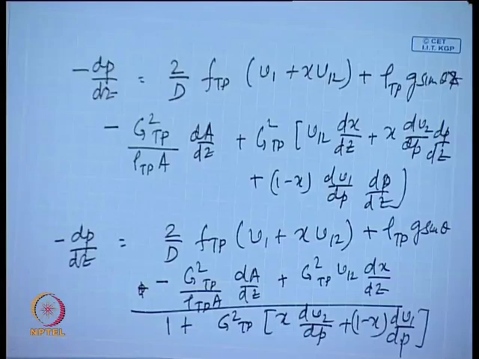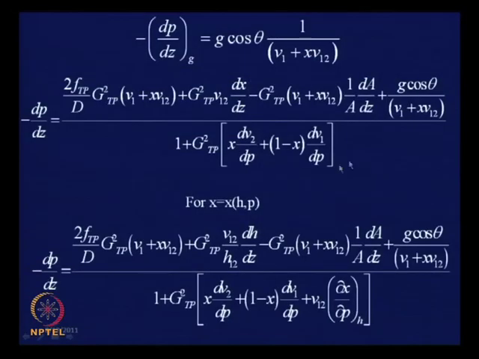This is the final expression that we get for calculating the pressure gradient when two phase flow is occurring under homogeneous flow condition. The entire thing has been written down in this particular slide, and this is the final expression which we have derived.